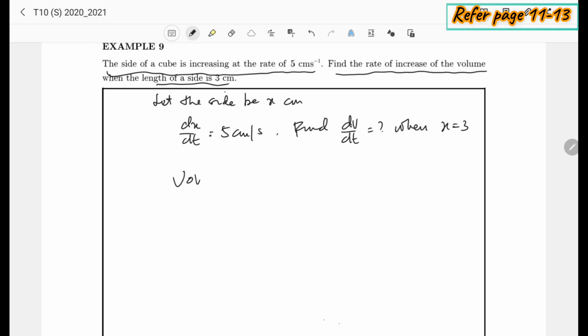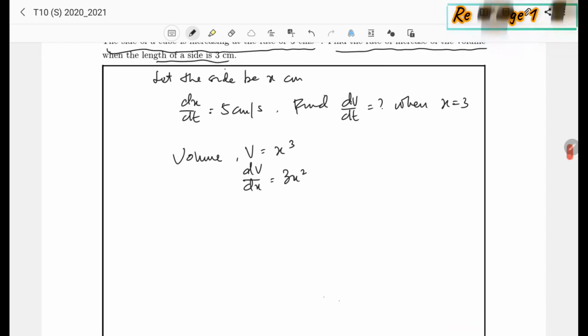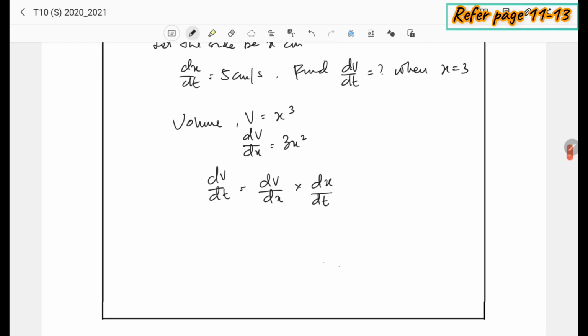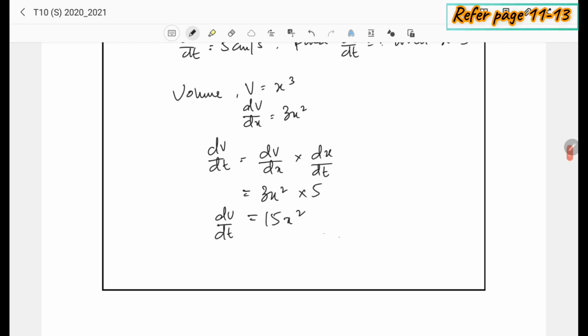Volume of a cube, V = x cubed, so dV/dx = 3x squared. We want to find dV/dt, so that is dV/dx times dx/dt. Substitute 3x squared times 5, so we get 15x squared. So that is our dV/dt.